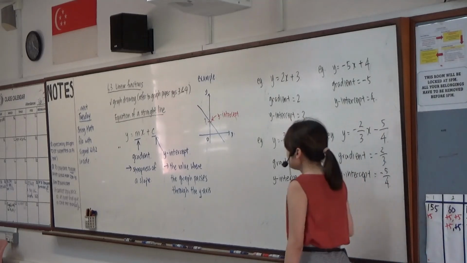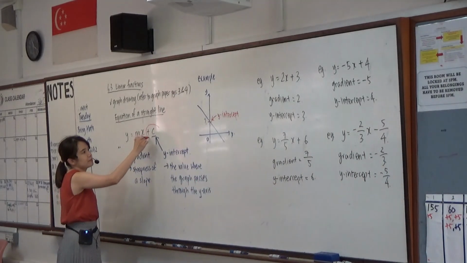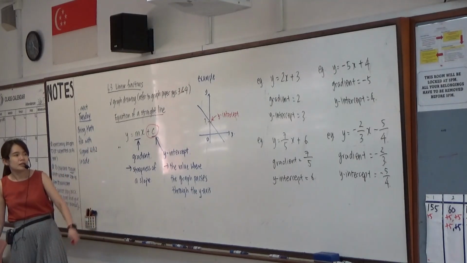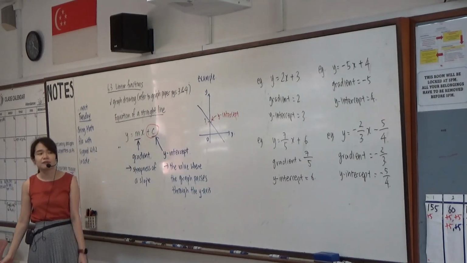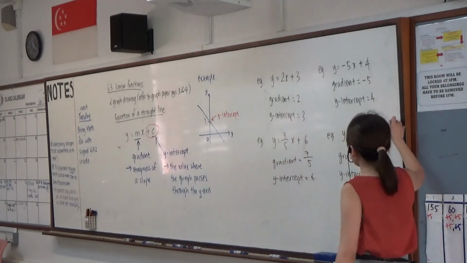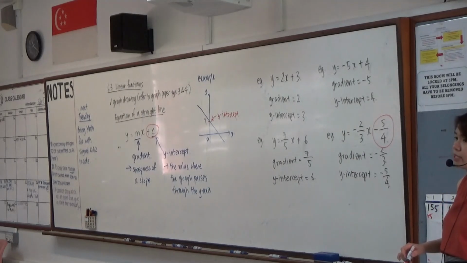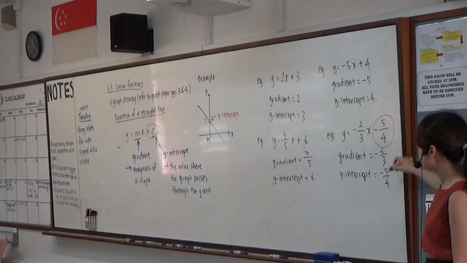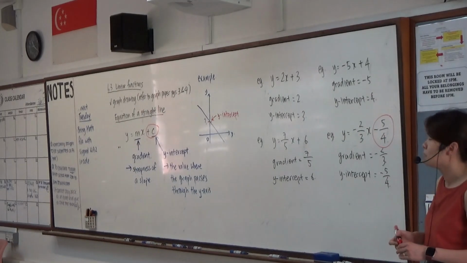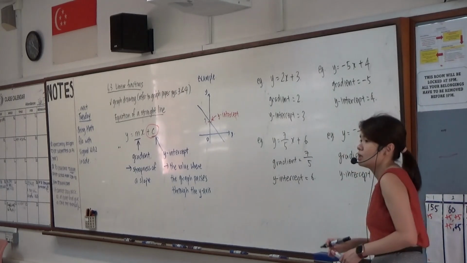Right? Why? Because we must know that y-intercept, okay, is referred to the plus c over here. In this case, we have a minus sign. Okay, so we take the minus sign along with us. It must be a negative number, hence we get negative 5 over 4 as our y-intercept. Questions?